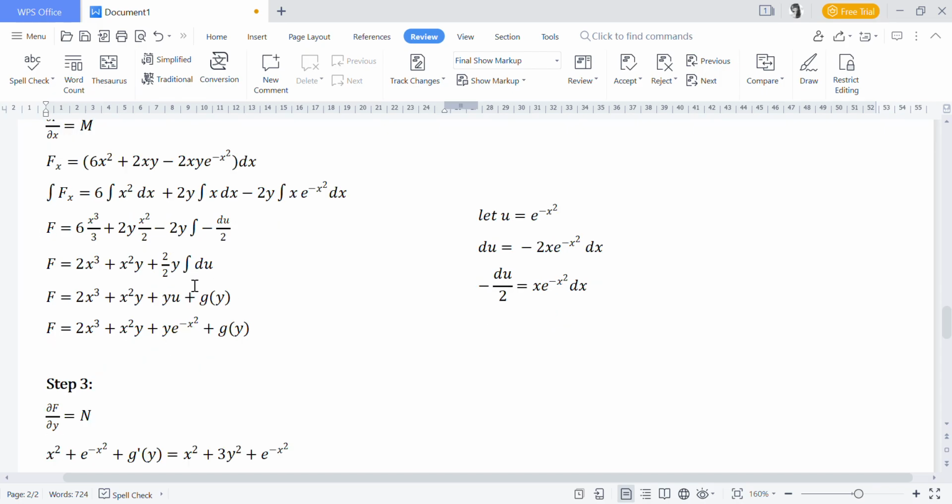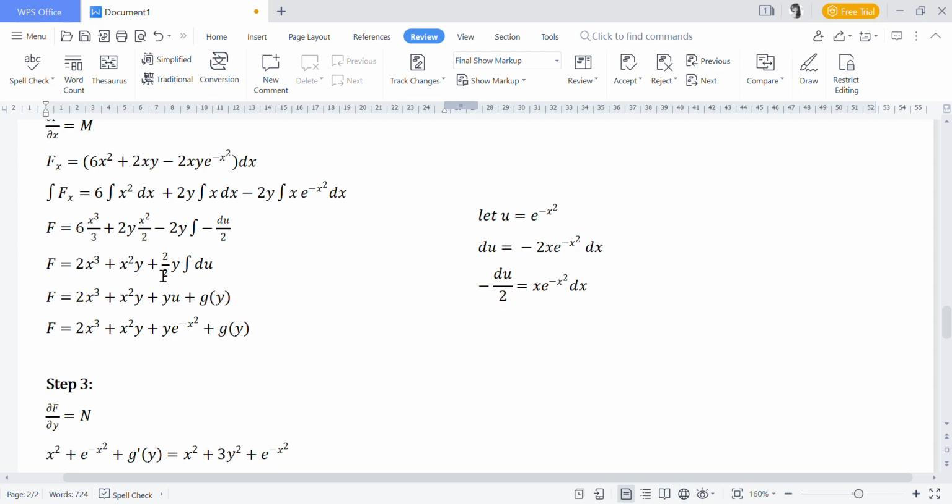Now, we have f is equal to 2x cubed, since 6 divided by 3 is 2, so 2x cubed. Cancel out these 2. We will now have x squared y, and plus, since this one is considered as negative 1/2 du, we will move the 1/2 out, since it's a constant.